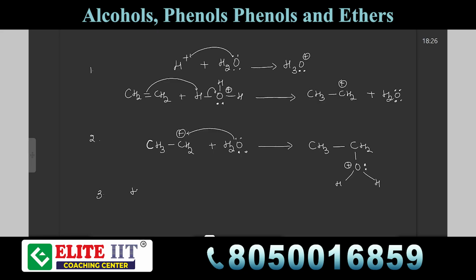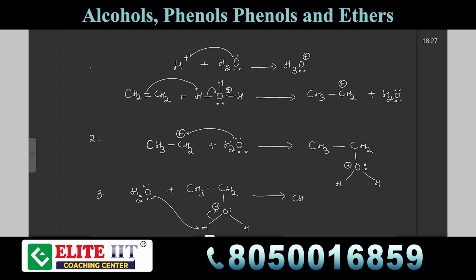Step 3 is the water molecule reacting with the protonated alcohol to give deprotonation. The oxygen will react with H plus ion, the electrons will be shifted, and it gets deprotonated.